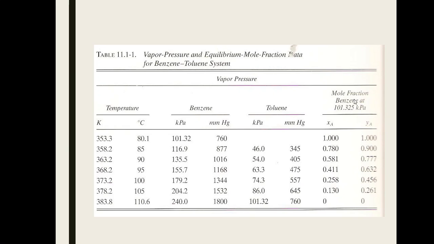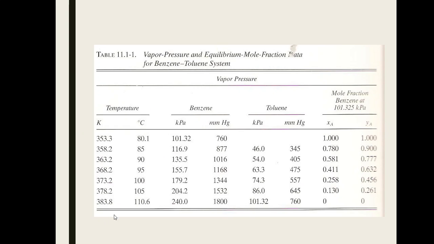And we have here the mole fraction of benzene in the liquid phase, that's xA, and in the vapor phase, that is yA, for a process that is performed at a pressure of 1 atm or 101.325 kilopascals.